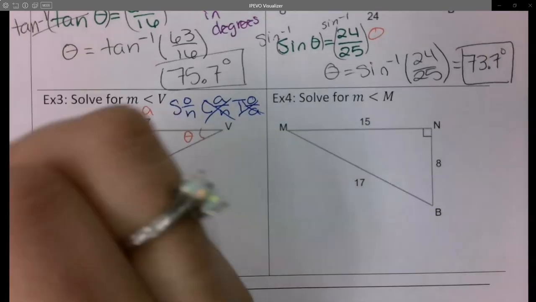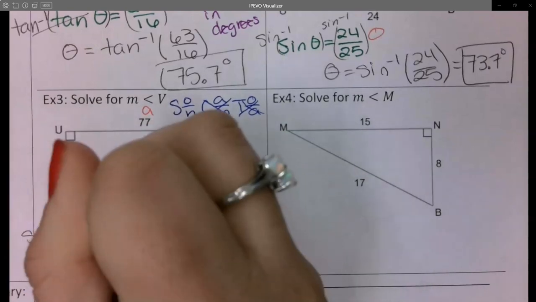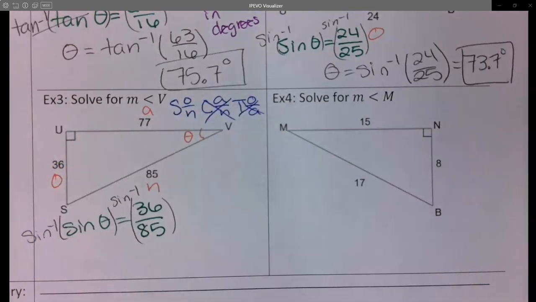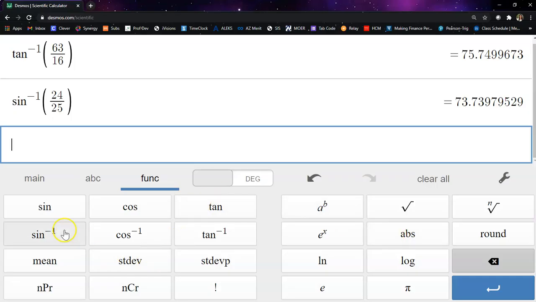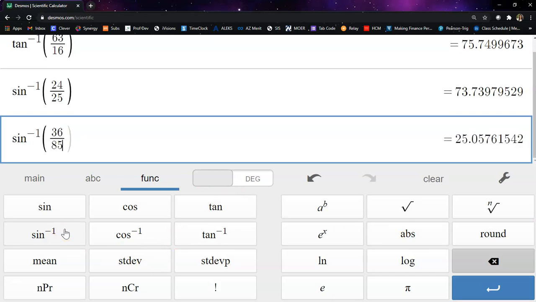Then I want to use my inverse sine. So I can go ahead and go to Desmos. Inverse sine, 36 over 85.